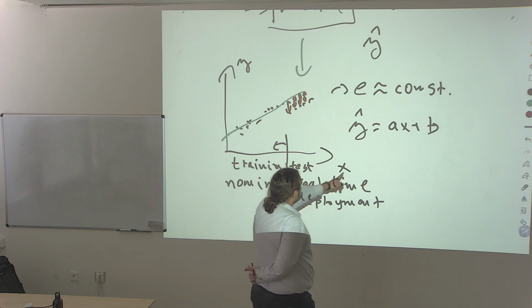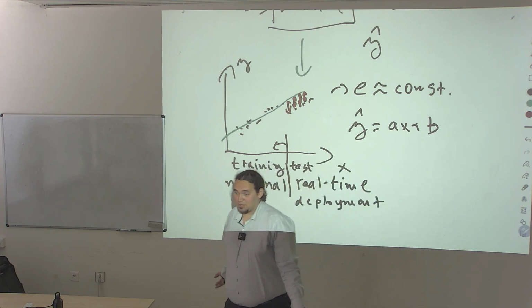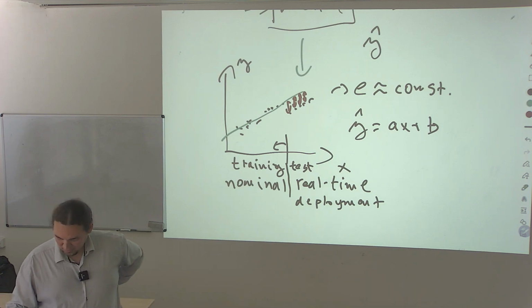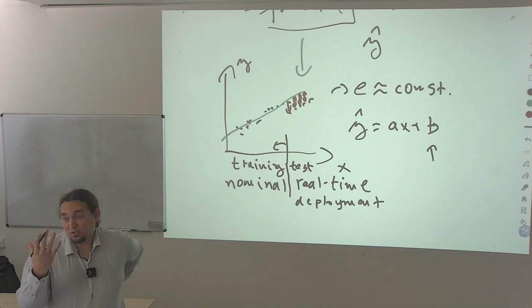So our slope is good. We cannot change our independent variables.